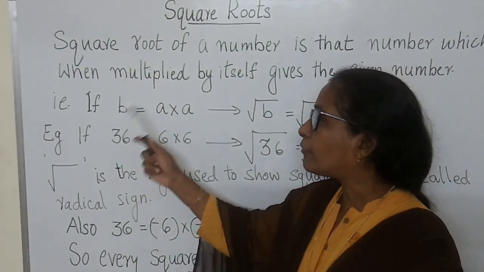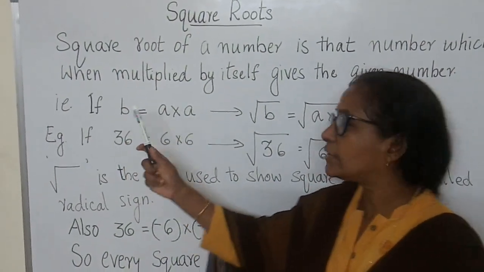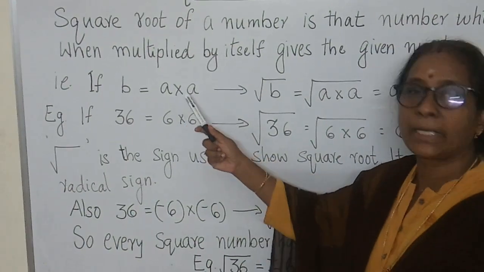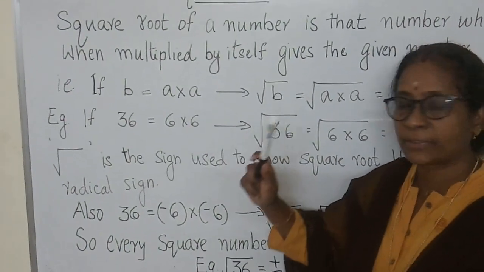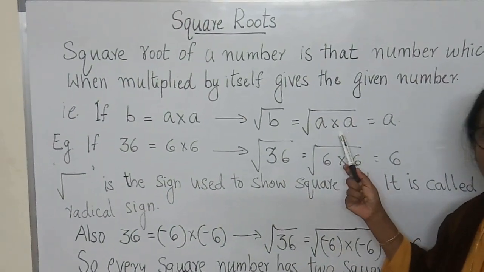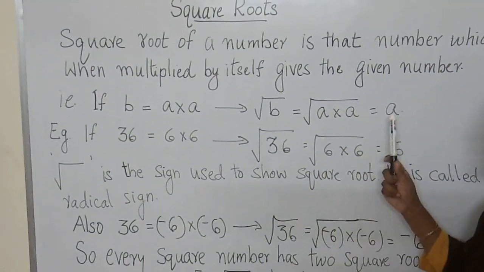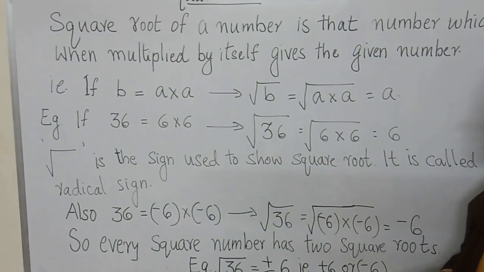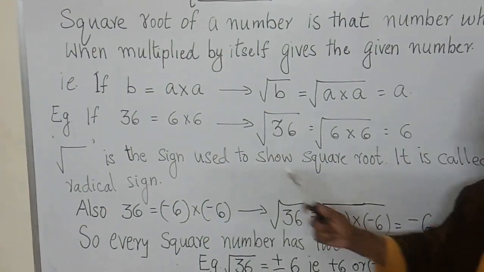For example, if b can be written as a multiplied by a, two similar factors, then square root of b will be equal to square root of a multiplied by a, which is equal to a. Let us take an example with numbers.